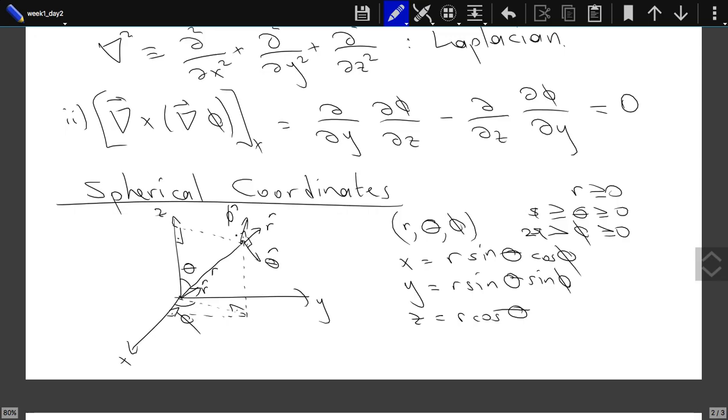If I go down, theta hat is almost pointing away from you. But whatever point you are considering, r hat, theta hat, and phi hat will be orthogonal to each other. And you can just use these three vectors to write down your vectors. Instead of the x, y, z components, you can talk about the r, theta, and phi components of your vectors at a given point.